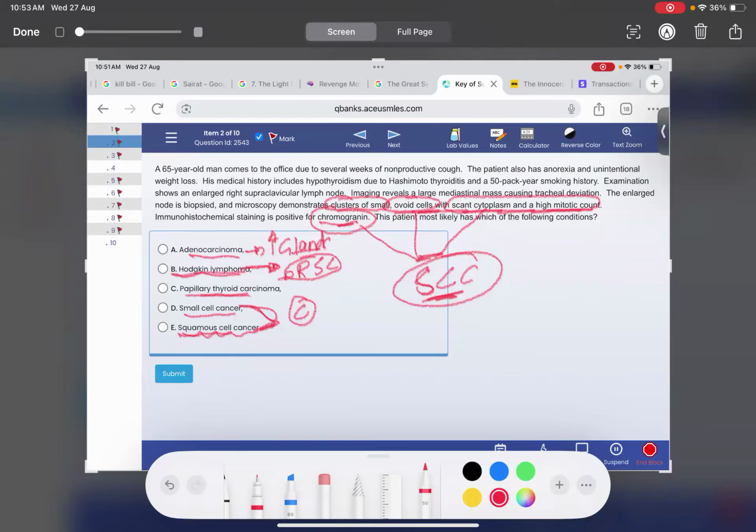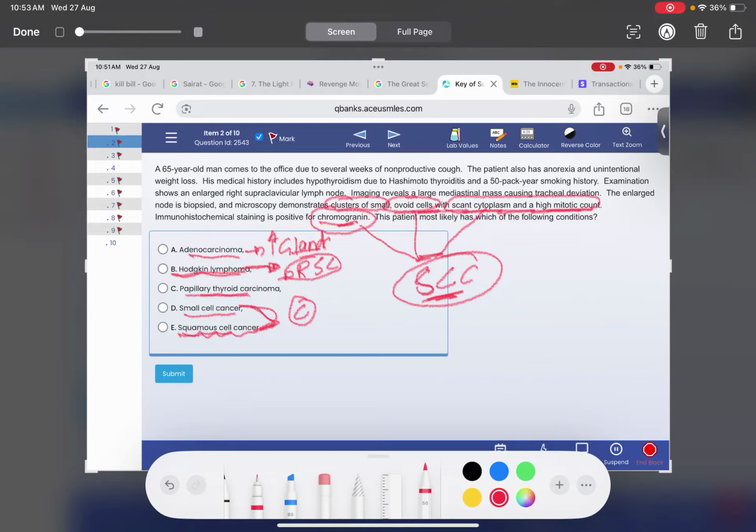In papillary thyroid carcinoma, there will be a thyroid problem going on, with weight loss and a hyperthyroid type of scenario, and psammoma bodies will be present.